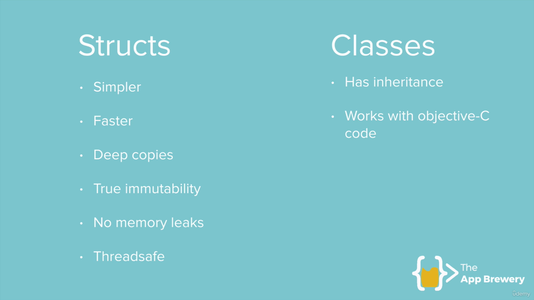So the official Apple advice, which was updated only a few weeks ago, and this is apparently their final word on this topic, is that you should use a struct by default whenever you want to create a new custom object, and only turn it into a class when you find that you actually need inheritance or you actually need to be able to work with Objective-C code.